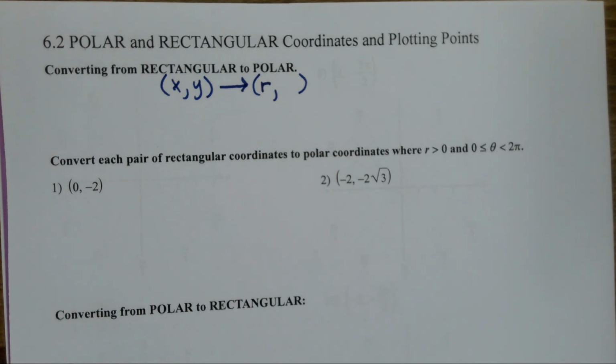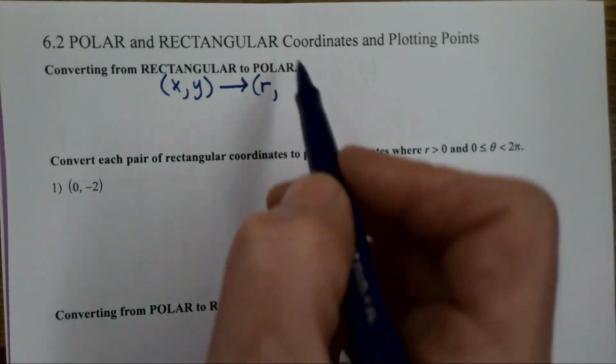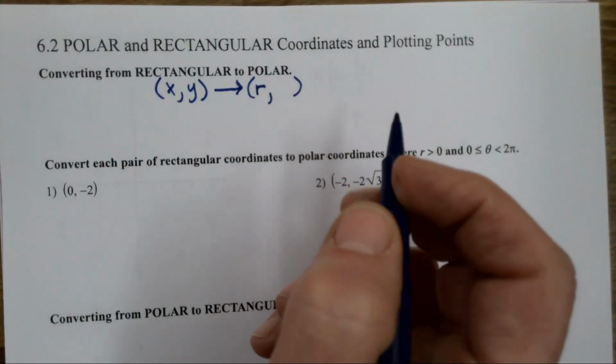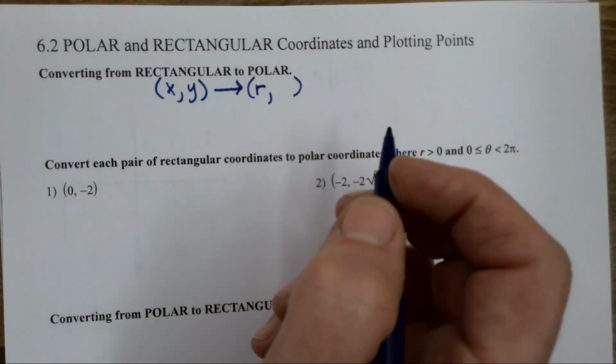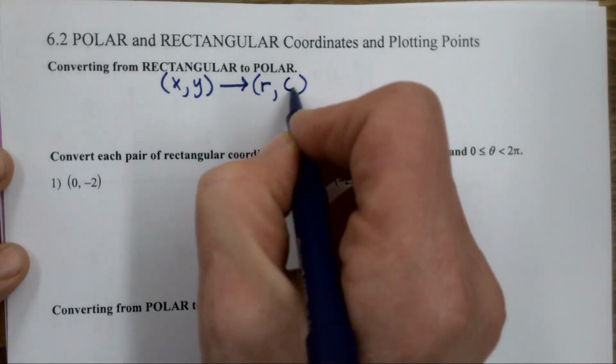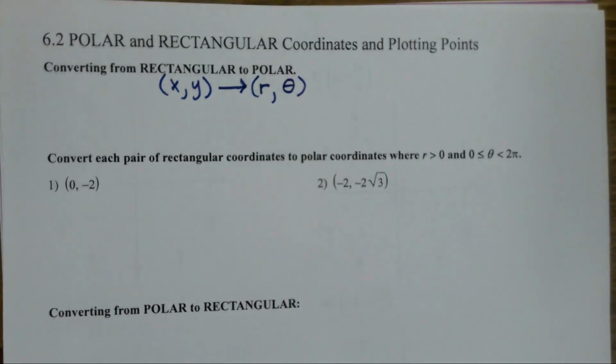I have these square right angle moves, whereas a polar gives me a radius, how far out am I going, and then I move around and find my place by seeing how much I'm opening up. And so what's the other piece of information that I need here? Theta, some angle measure. Yep, so we define that as theta.